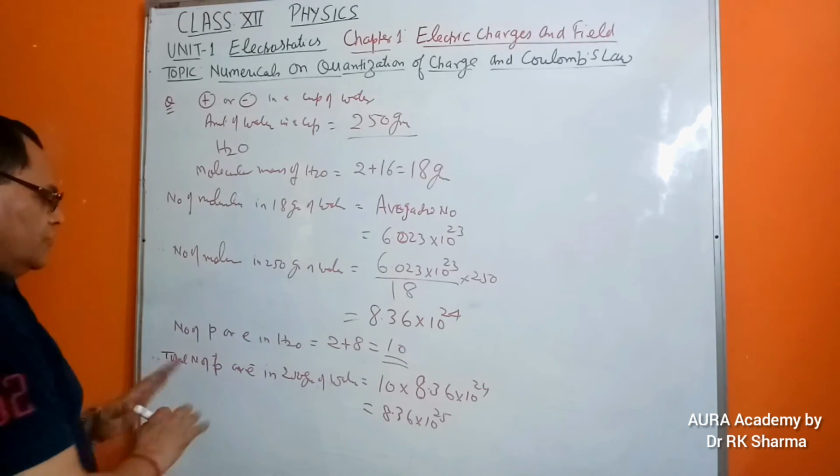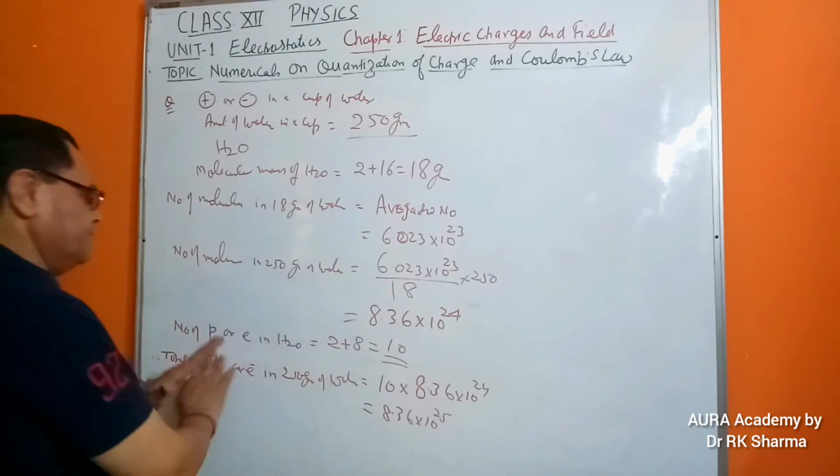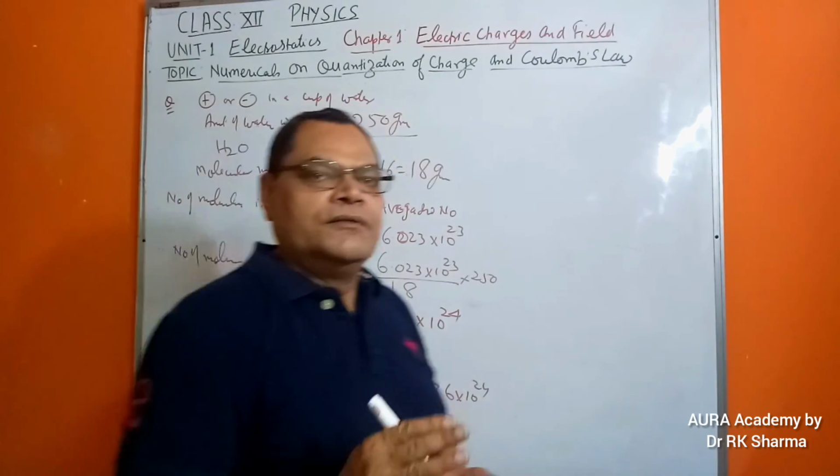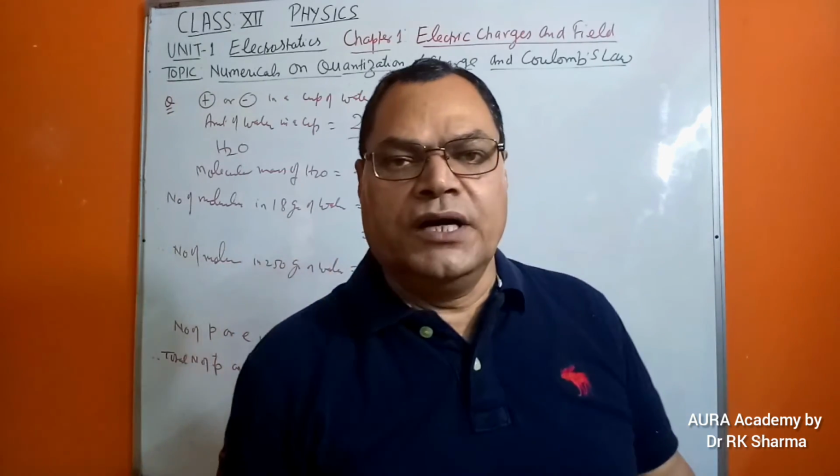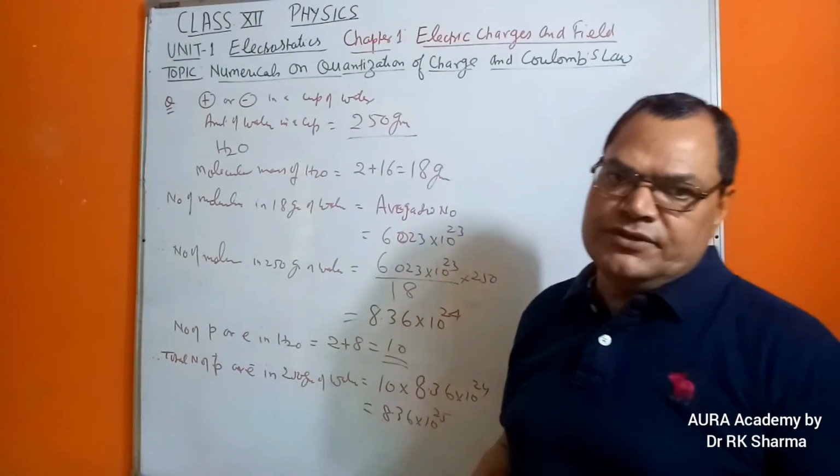Clear? So these many protons or electrons are present in 1 cup of water having 250 grams of water.